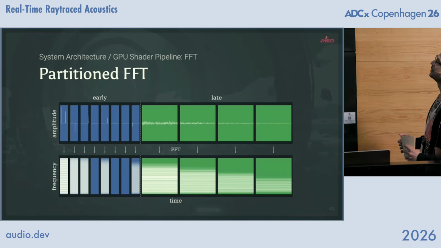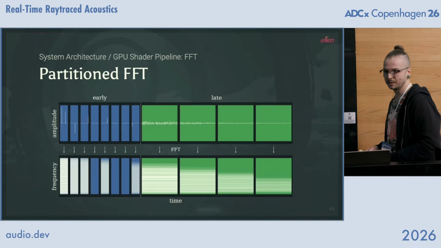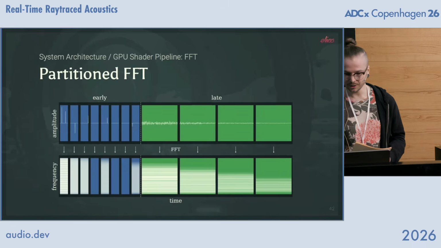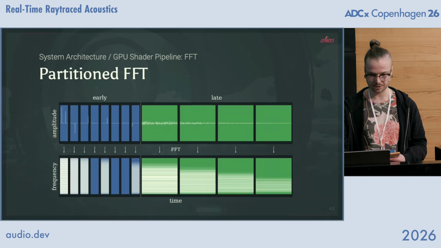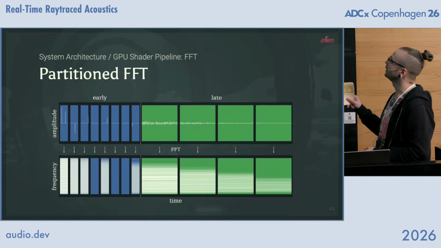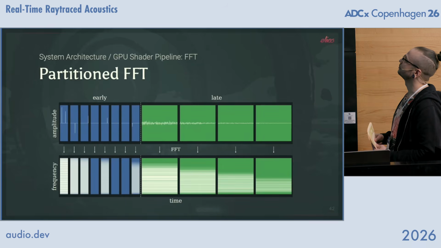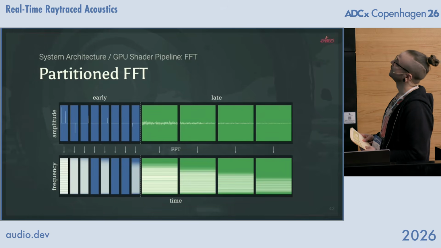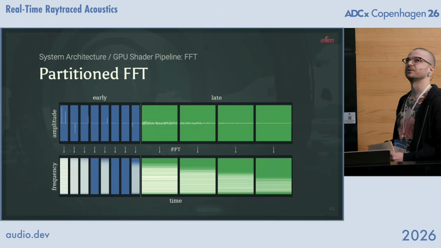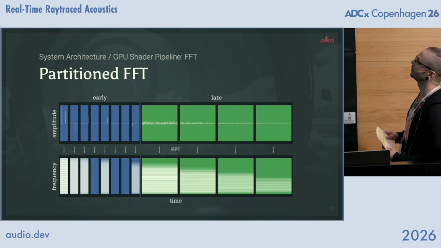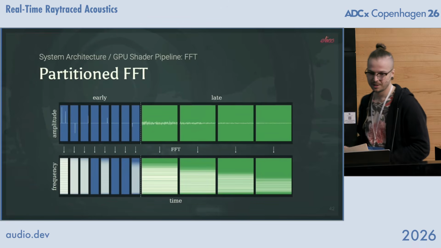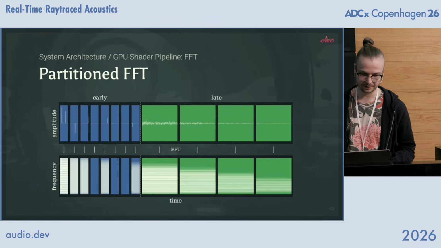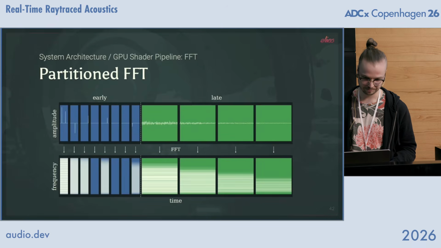And then the late region covers more of the late diffuse tail and uses larger blocks, which is more efficient. Then each block gets transformed into the frequency domain using the FFT. And this is perfect to do as a last step on the GPU because you can run all these different blocks in parallel on their own GPU threads.